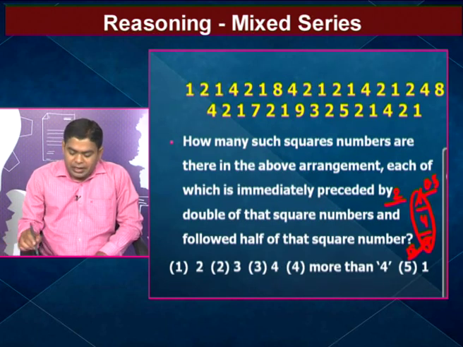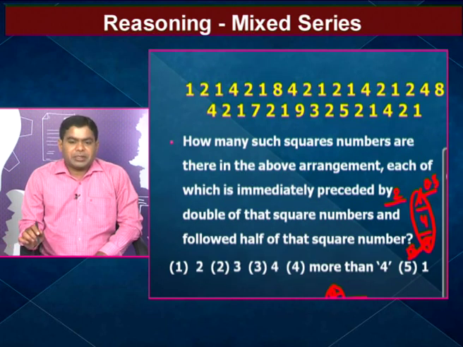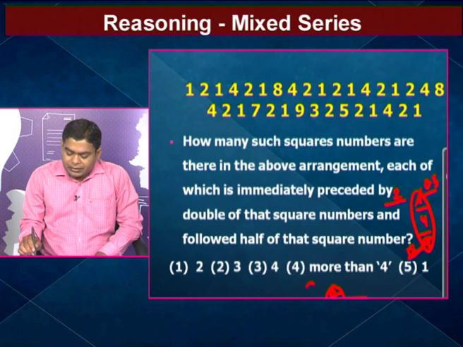That means only we verify the 4. So we go to the 4 and verify the left side and right side. A perfect square must be preceded by double of the number. Here 4 double is 8, and half of that number must follow. Half of 4 is 2.